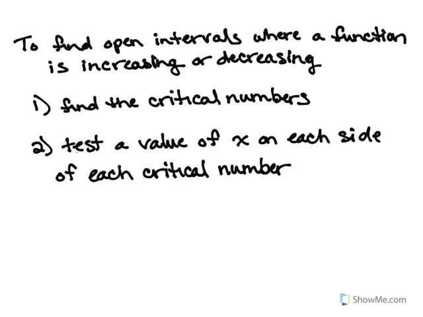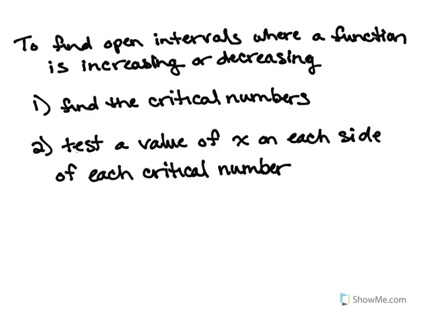So if we want to find the intervals where the function is increasing and decreasing, which is going to lead us to finding our relative maxes and mins, first we want to find the critical numbers. Then we want to test a value of x on each side of the critical number in the derivative to determine if the derivative is positive or negative on either side of it.